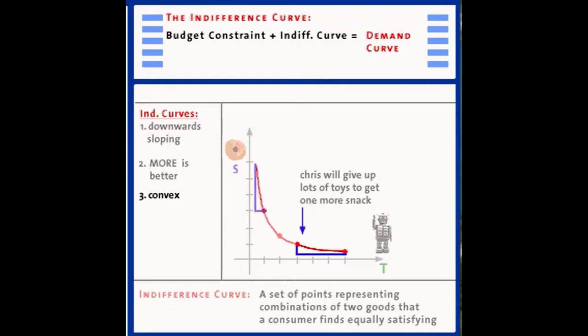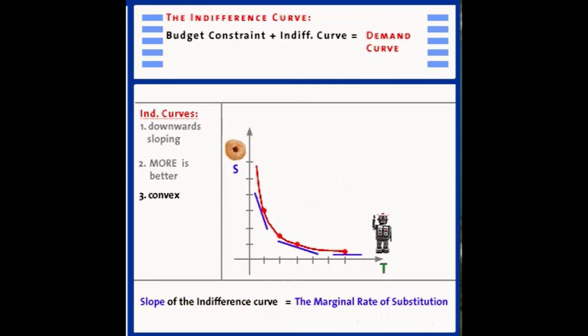Up here, where the slope is steep, the marginal rate of substitution between snacks and toys is very large. If I take away one of your toys, I have to give you a lot of snacks to compensate. The marginal rate of substitution tells you how many snacks you would require in exchange for one toy.